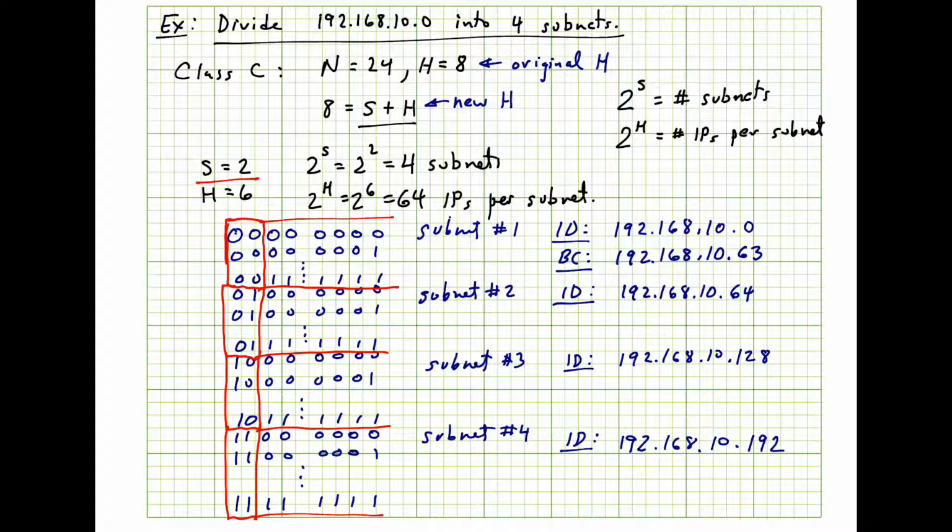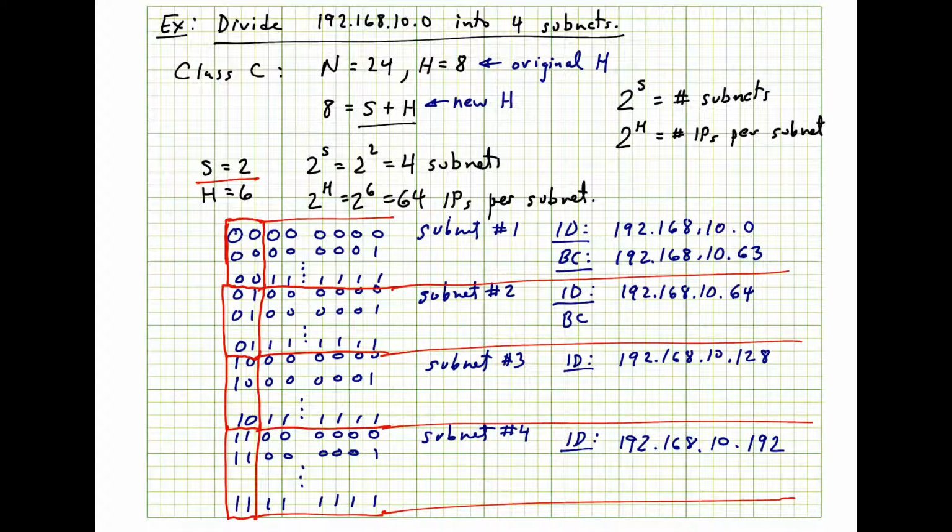which is 128 plus 64. And now, in every case, the broadcast address of a subnet is 1 less than the ID of the next subnet up. Okay? And so our broadcast here, let's divide these up into 4 subnets here.